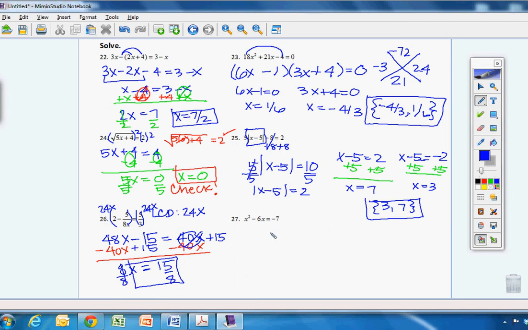All right, and last but not least, here I have another quadratic, but I do want to make sure that this is 0. So I have x squared minus 6x. I'm going to move over my 7 by adding it to both sides. So my right side can become 0, and now I can solve. So if I try to factor this, let's just think about it. 2 factors of 7, okay, are going to be 7 and 1.